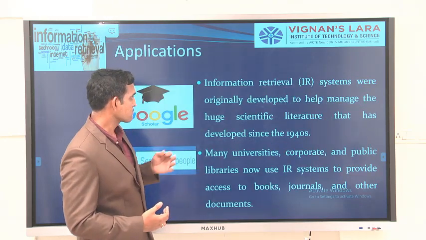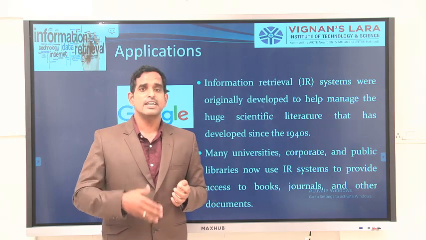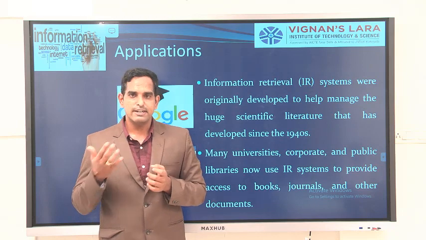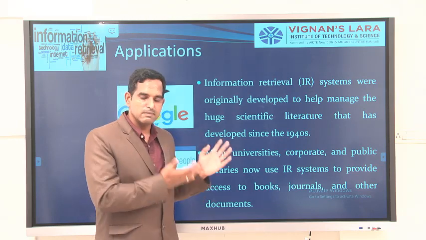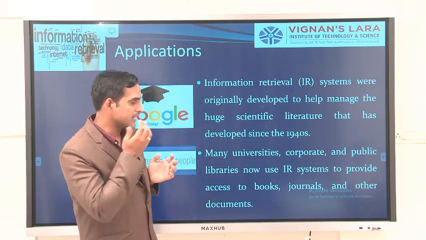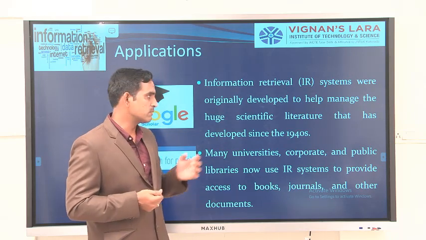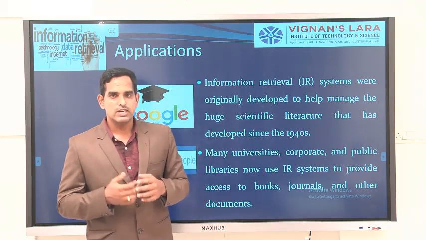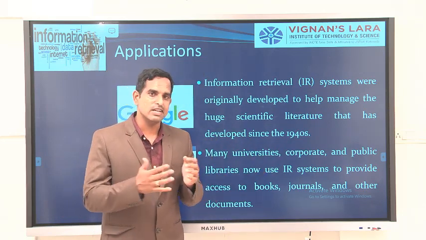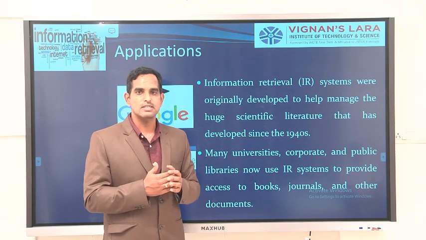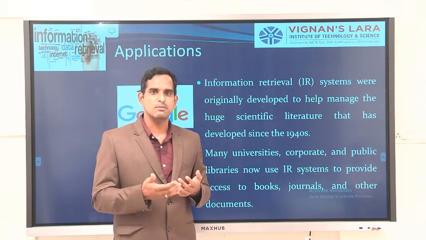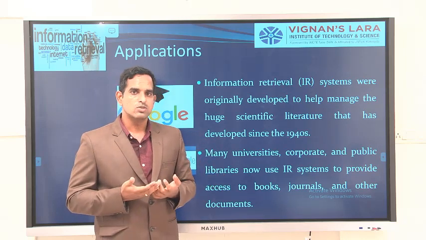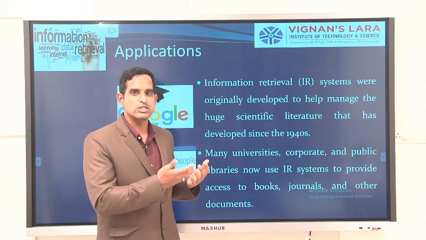The next thing is, what are the applications? Where are you going to use information retrieval systems? The first is right from the 1940s. Information retrieval systems were developed during the 1940s, and at that time they were mainly used for scientific literature. All the scientific literature was gathered in one place, and anybody who wanted to access it did so from the information retrieval system, so that no scientific literature was duplicated.